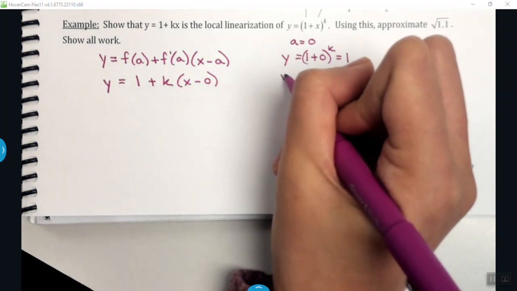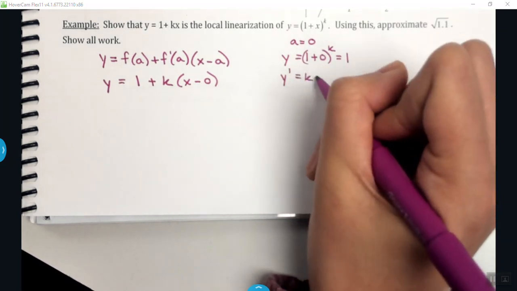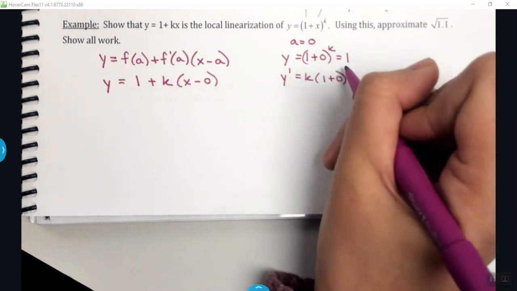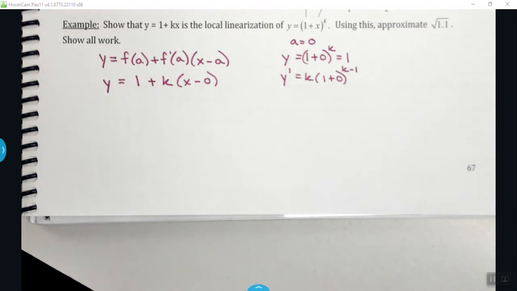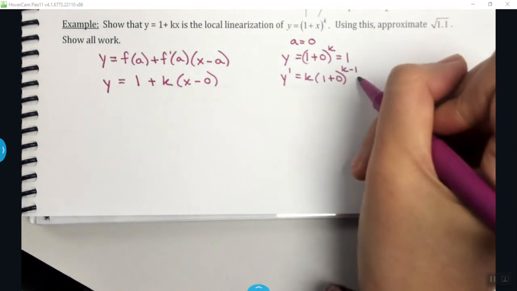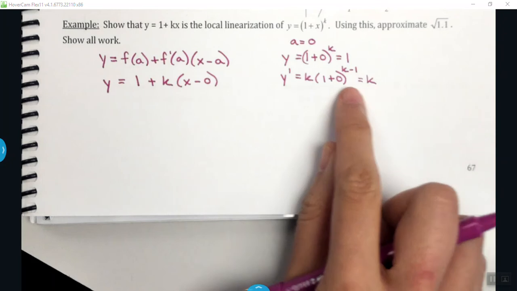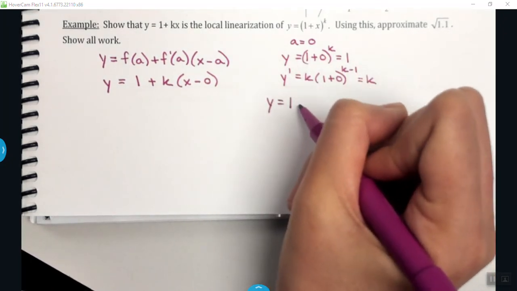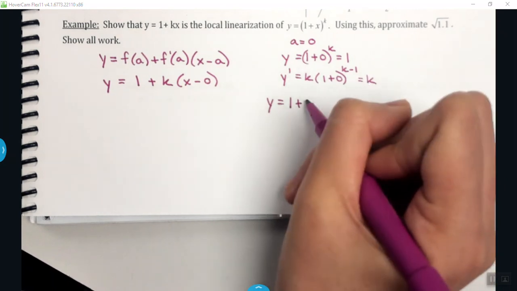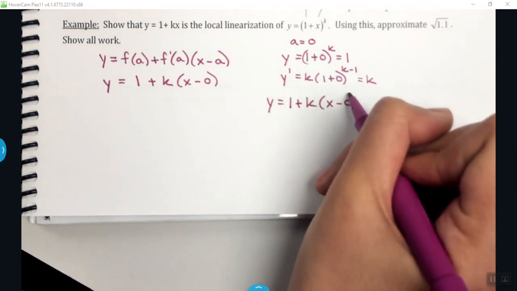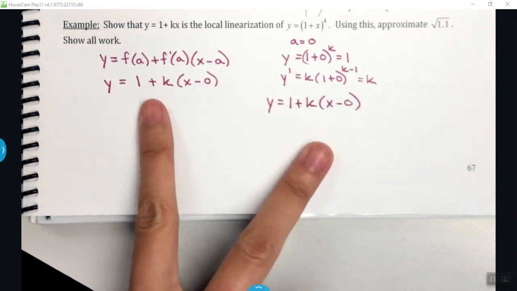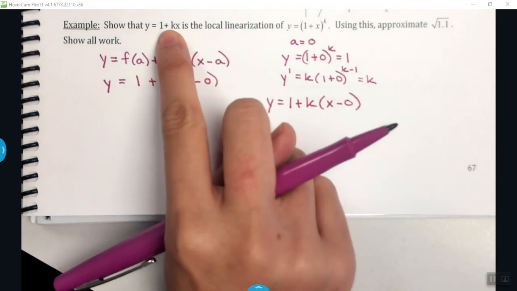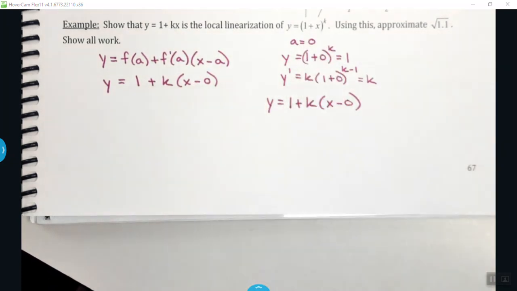And then my y prime is k times 1 plus 0 to the k minus 1, or just k. Ah, that's why. So that's why these two are equal. y equals 1 plus k times x minus 0. These two are now equivalent. So that's why this is the local linearization of this function.